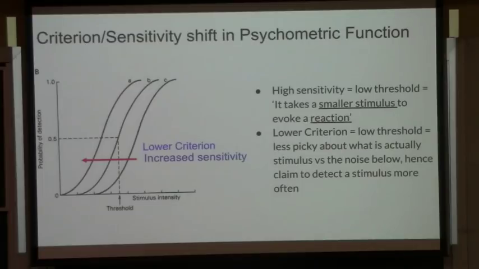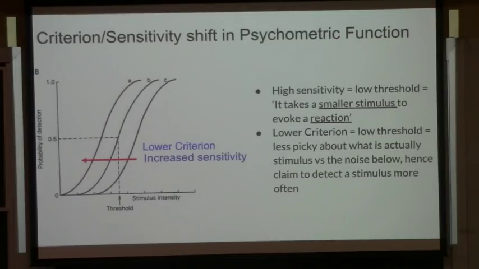Okay. Now we can talk about increasing sensitivity or lowering your criterion. Increasing sensitivity occurs when, for example, we're doing an experiment on your hand and I barely touch a pen to your hand, you might not feel that. But if I barely touch a needle to your hand, you'll definitely feel it. So you're more sensitive to certain objects versus other ones. Or if you just came from running, you might be less sensitive.